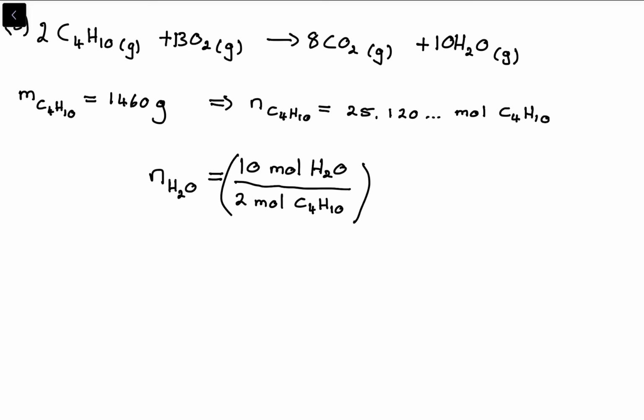That's from the equation. And how much butane do we have? We have 25.120 mole C4H10. It's going to give us a value of 125.6 mole of water.